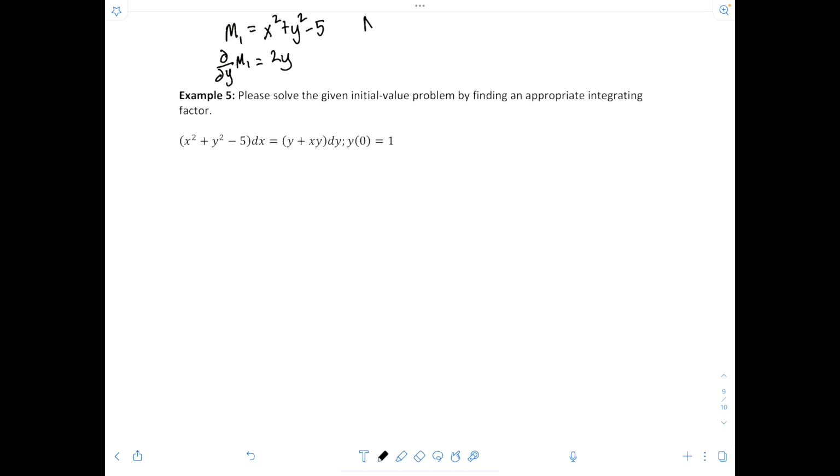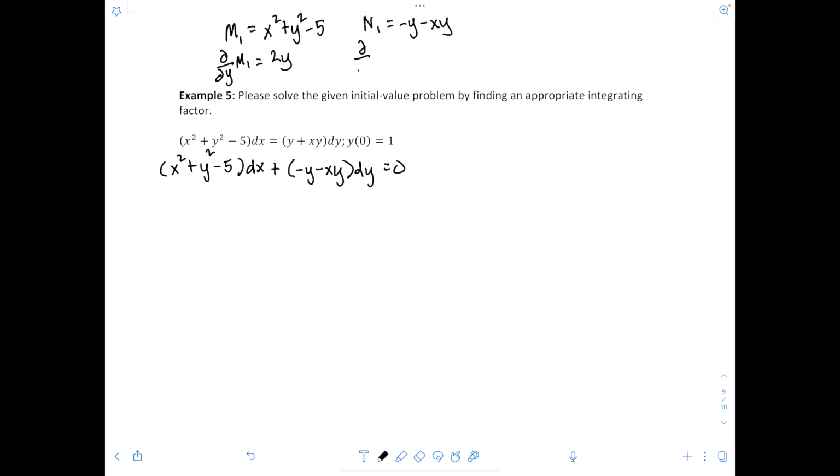Then think of our other expression as n1. Be careful because it's on the other side of the equal sign, so you would have to add, and then you'd have negative y minus xy dy equals 0. And so your n1 would be negative y minus xy.